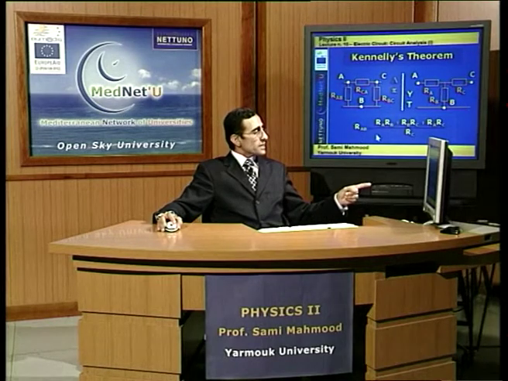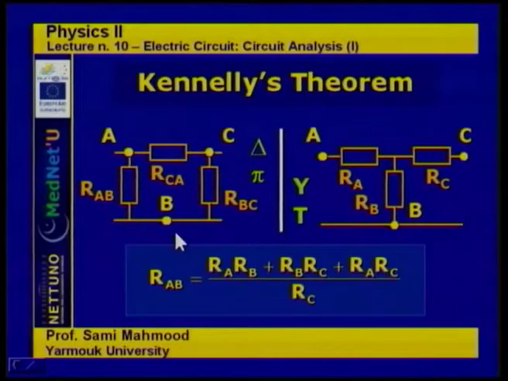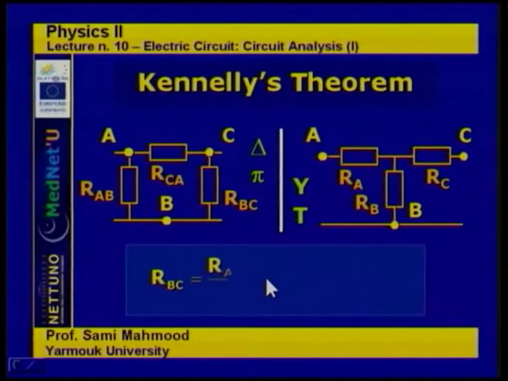Now, according to Kennelly's theorem, the resistance RAB in the original circuit is related to the equivalent resistors as follows. RAB is equal to RA times RB plus RB times RC plus RA times RC, over RC. Here we have RAB, and here we have 1 over RC, and on top we have these multiplications.